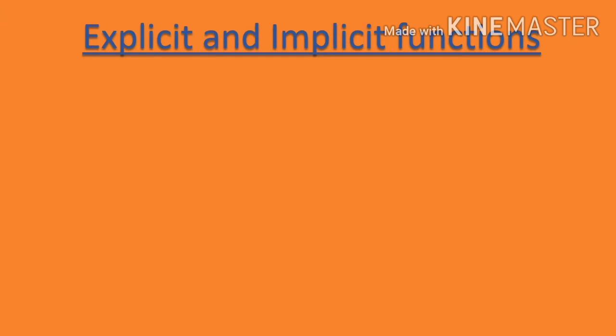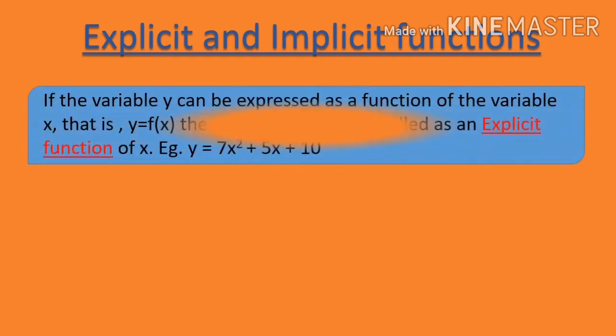There are mainly two types of functions, explicit and implicit functions. What do you mean by an explicit function? If the variable y can be expressed as a function of some other variable, say x, then we call that function an explicit function. See the example here: y is equal to 7x square plus 5x plus 10.